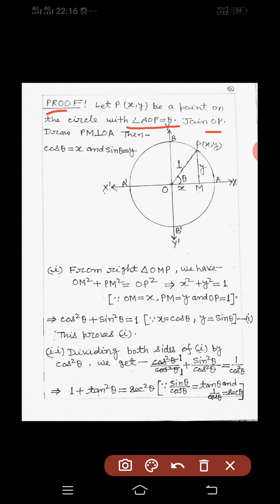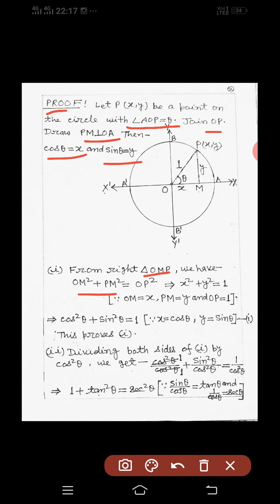Join OP. Draw PM perpendicular on OA. Then cos theta is equal to x and sin theta is equal to y. From right triangle OMP, we have OM square plus PM square is equal to OP square by Pythagoras theorem. This implies that x square plus y square is equal to 1.